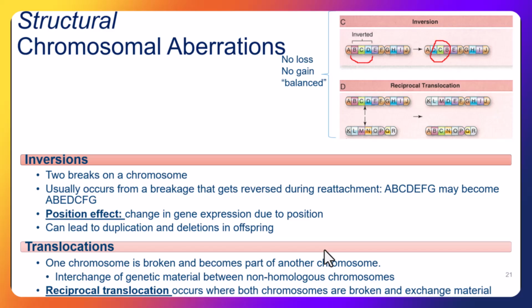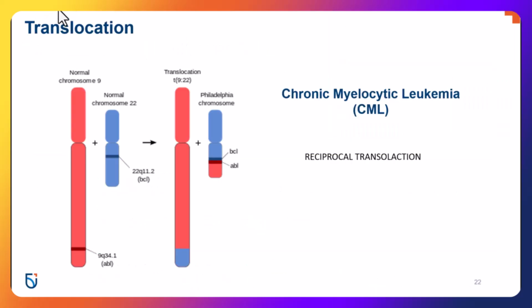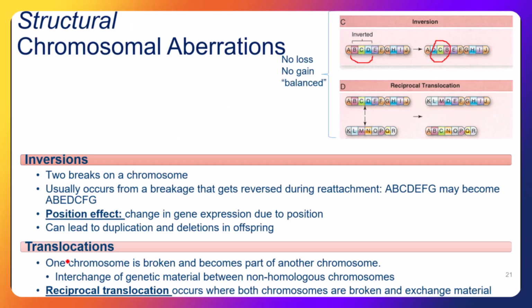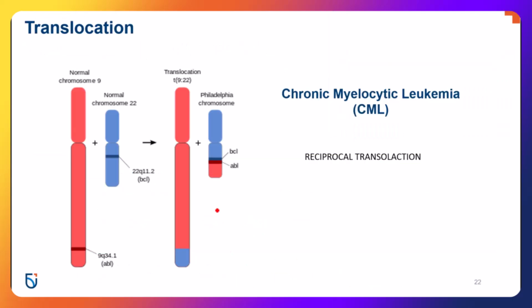So you can have somebody that has translocations that exist and they don't know it, and then they decide to have a baby, and then that genetic mutation that they had ends up passing on to the baby and being worse. So let's continue on looking at another example of translocations.